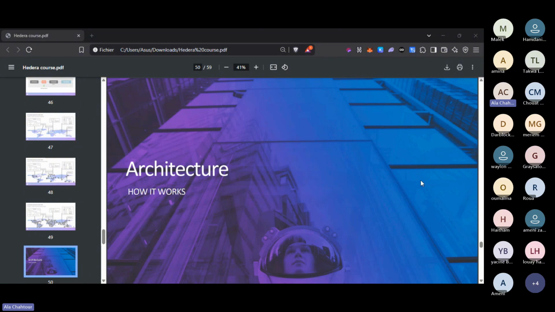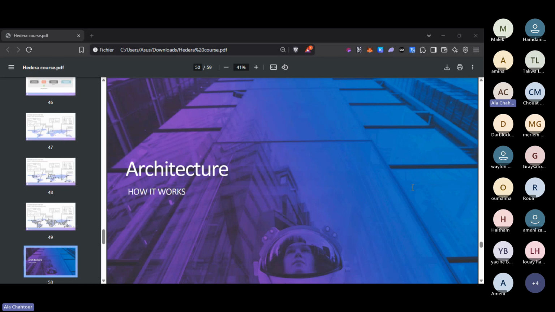Fourth question: what are the main use cases of the Hedera network in real-world applications? As I told you, we can create a lot of applications on top of the Hedera network. I can build any type of application. I can build a DeFi application where every user can make exchanges with pools, for example pools where users can trade other currencies.